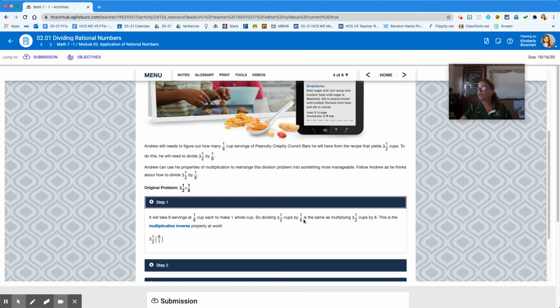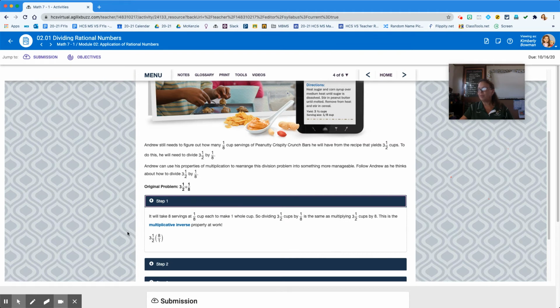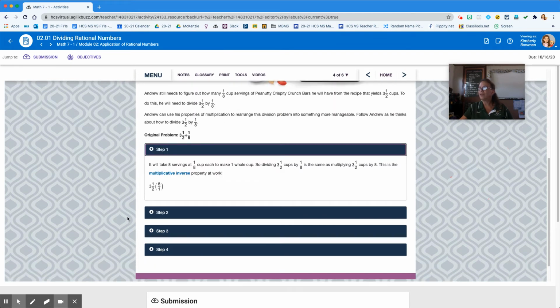So dividing 3.5 cups by 1/8 is the same as multiplying 3.5 cups by 8. This is the multiplicative property at work. So they just went ahead and they changed this to multiplying by the reciprocal. I usually wait and do that on the last step, but whatever. You can do it first, I guess.